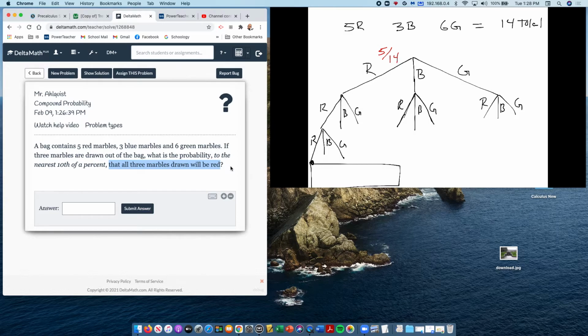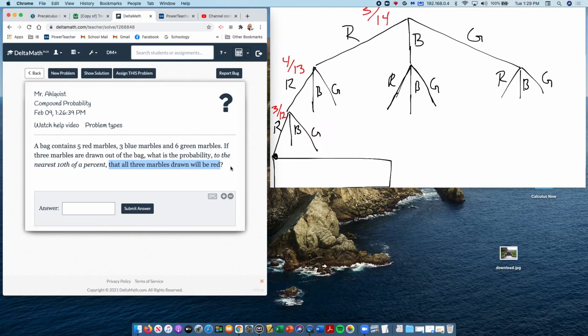But we're picking all 3 marbles at the same time, so it's almost like picking one, don't look at it, pick another, don't look at it, pick another one. The second time we go into the bag, there are only 4 left out of 13 because we've lost 1 marble. And the last time we go in, there would be 3 out of 12.